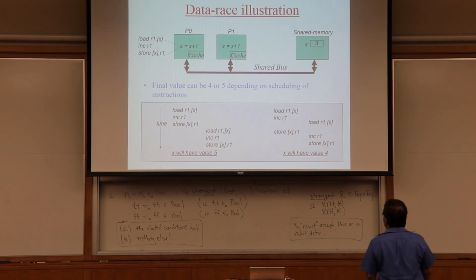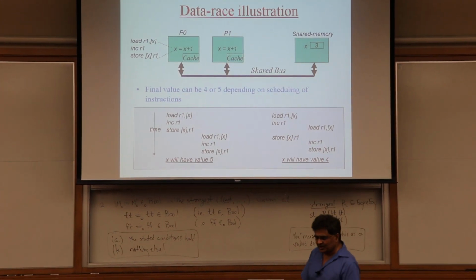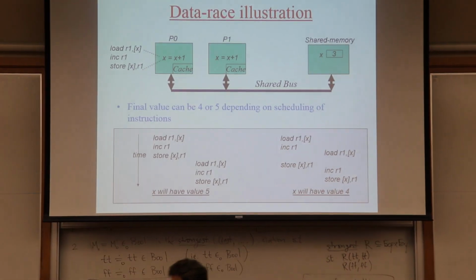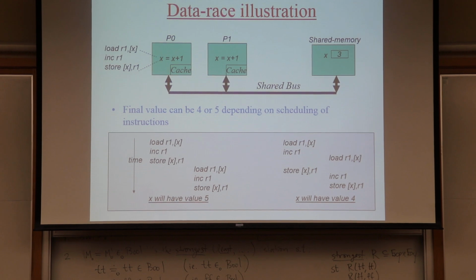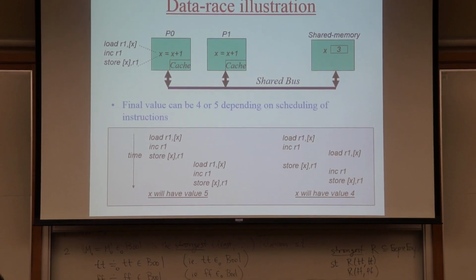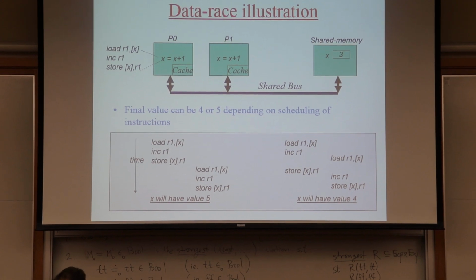Okay, so here is an illustration of a data race. When I was first studying this stuff a long time ago, somehow it never made sense to me because it just seemed like, well, I just add my value and you get to add your value, and why can't that happen? The reason that doesn't happen atomically, in other words, as though it was happening instantaneously, is you have to ask, if this guy is doing x gets x plus 1, how is that actually implemented in the instruction set?